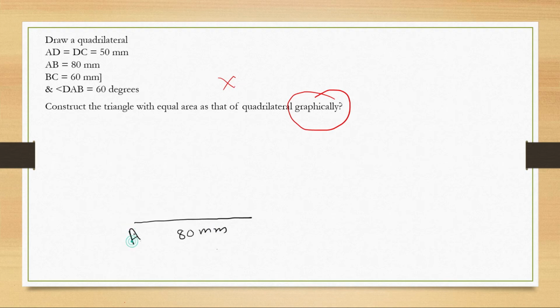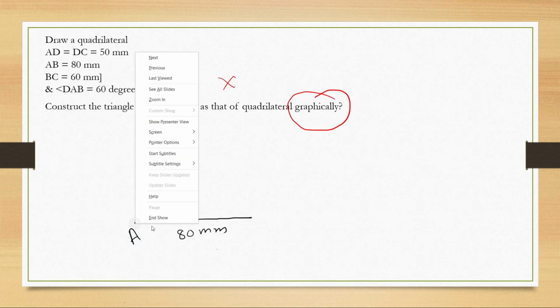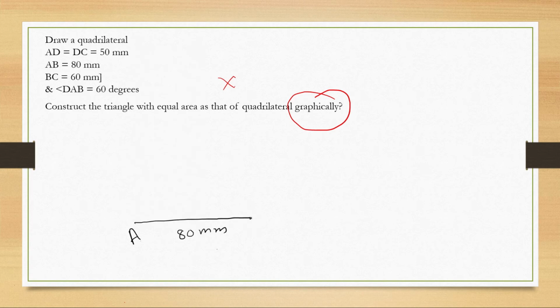This is A, and from here this is B. Now as angle A is given as around 60 degrees, it will look something like that. Then we have AD, and C will be somewhere in this region. AD is like 50 mm, so this point will be D.